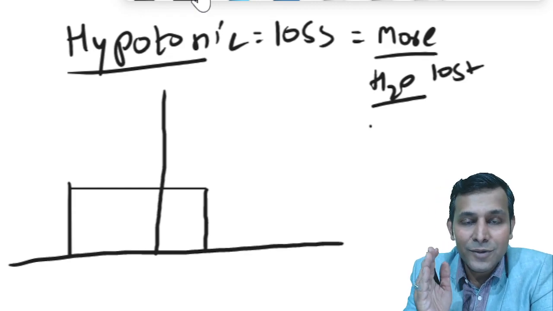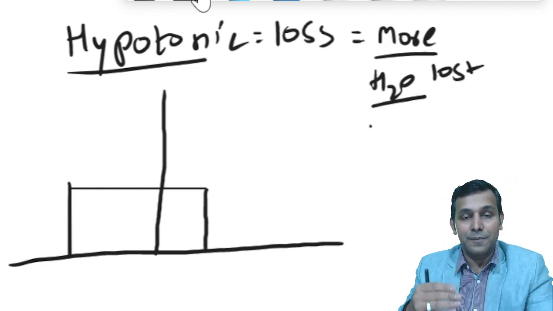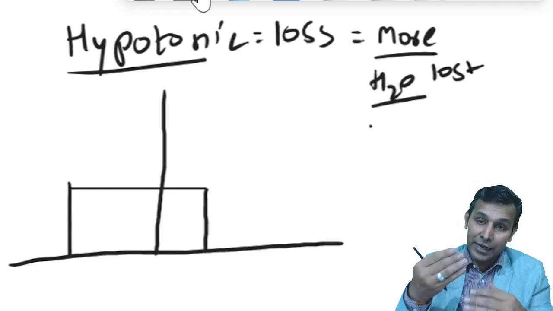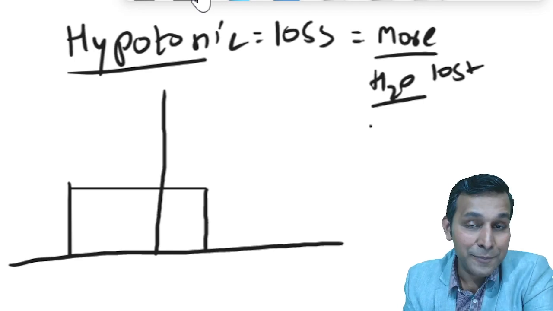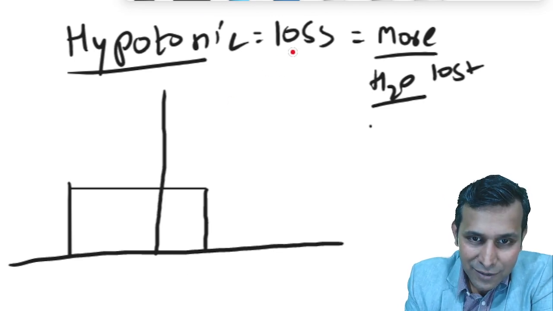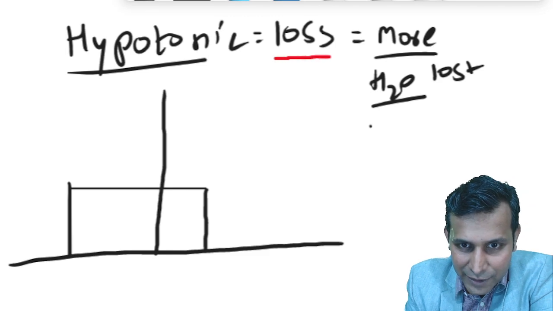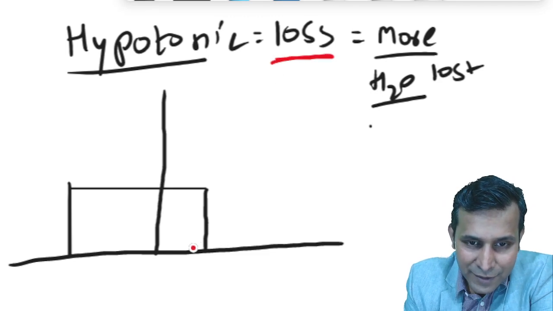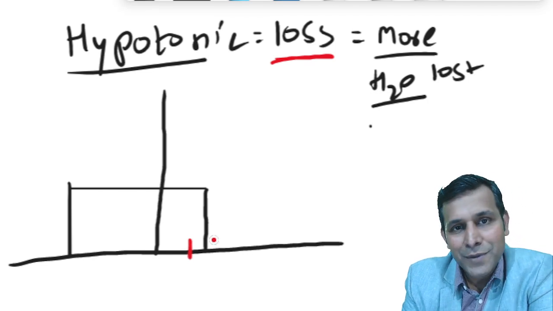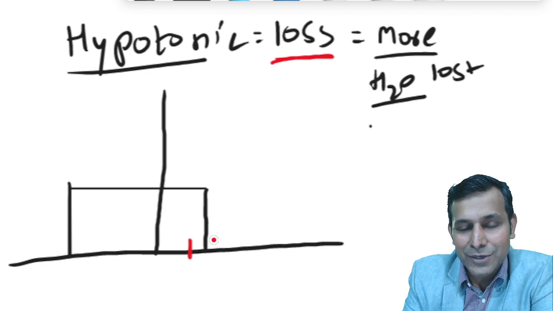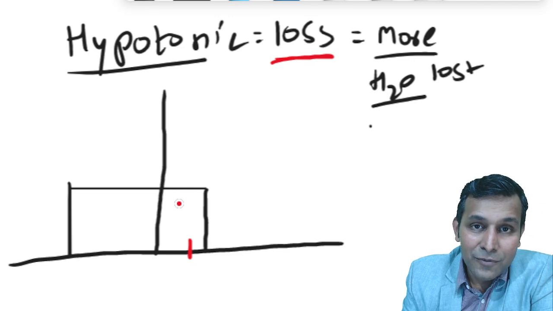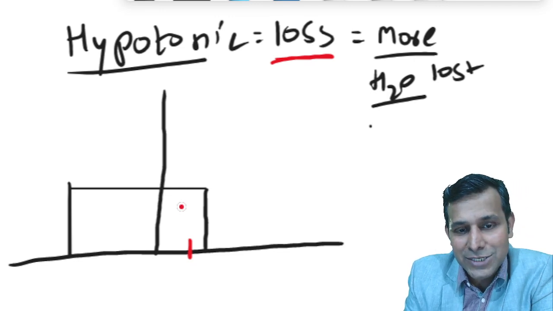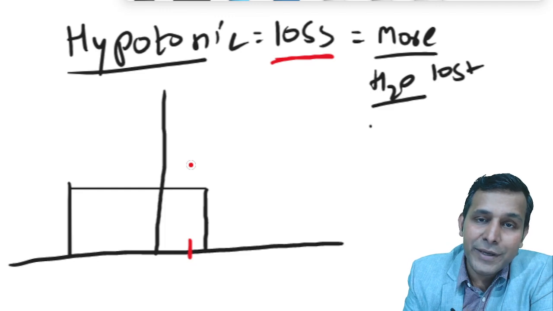So a person is losing more water and salts are remaining in the body. What are the changes in hypotonic loss? First, let us go with the principle. When there is a loss, it means the volume is decreased. So decrease in volume is the first change. Then as the volume is decreased, the ECF volume decreases.